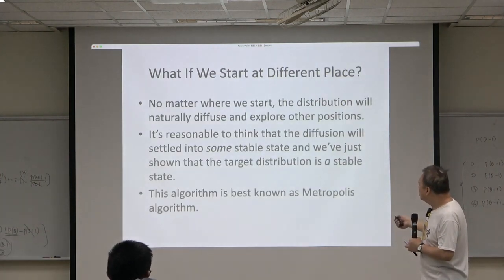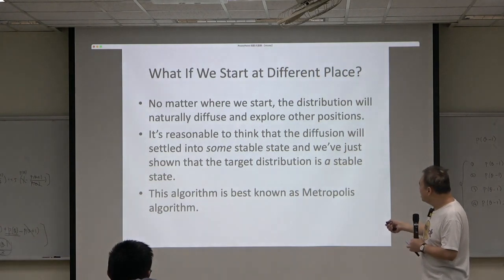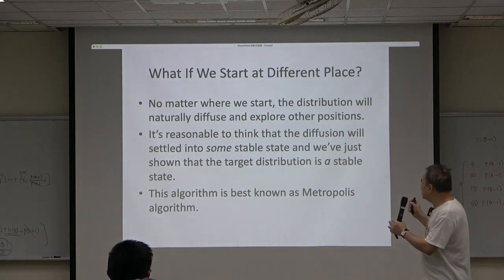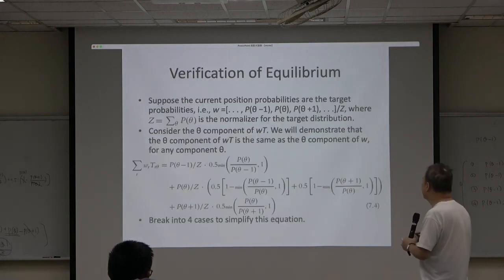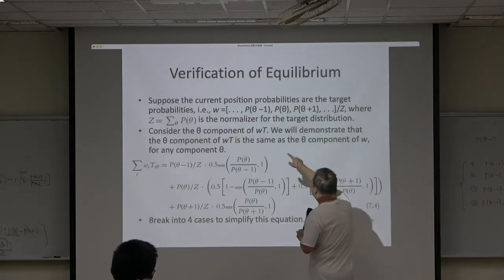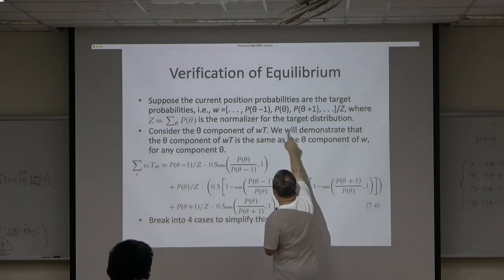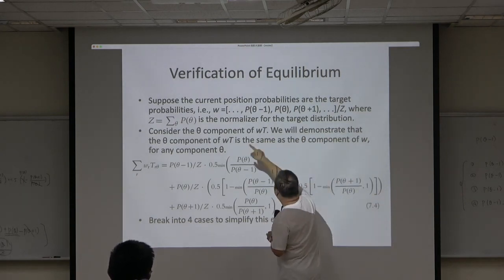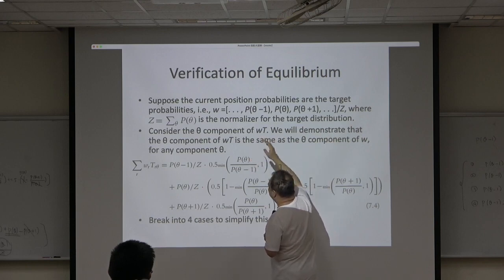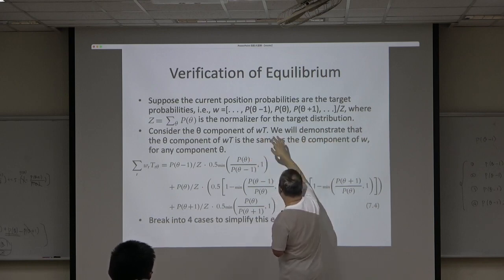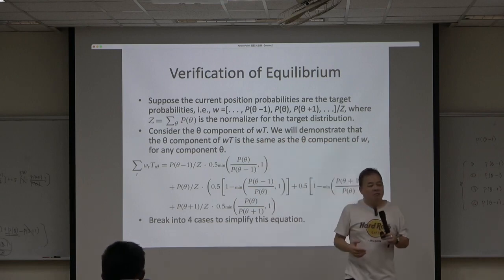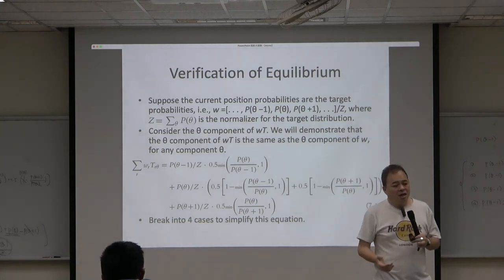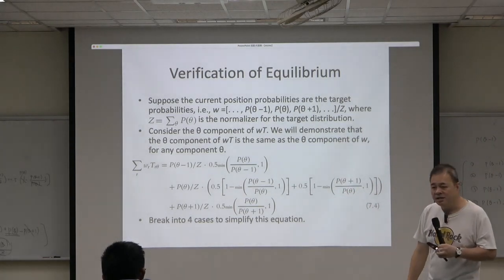That means this probability distribution, remember the p theta minus 1, p theta plus 1, and so on, basically means the population at each island, right?